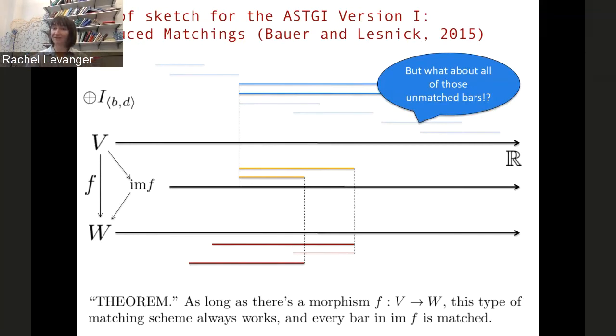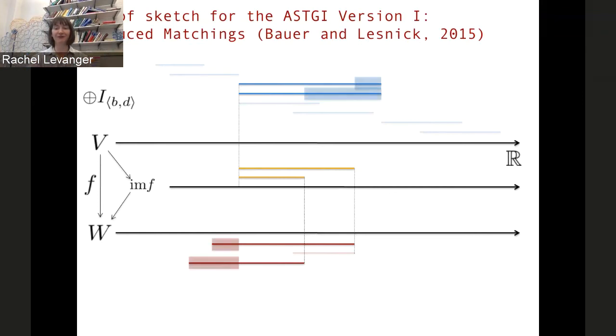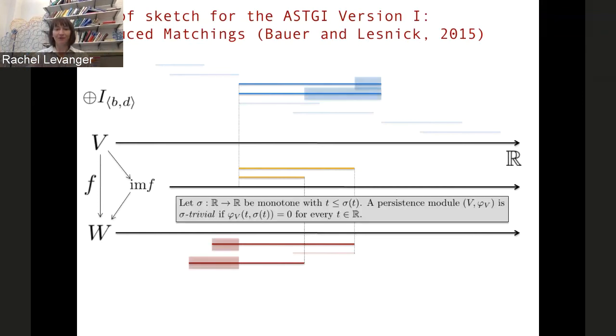What about the unmatched bars? So how do we deal with that? And these are all going to be all of our bars that go to the diagonal. Well, remember the length of our kernels and our co-kernels. We want some way mathematically to talk about the sizes of these bars.